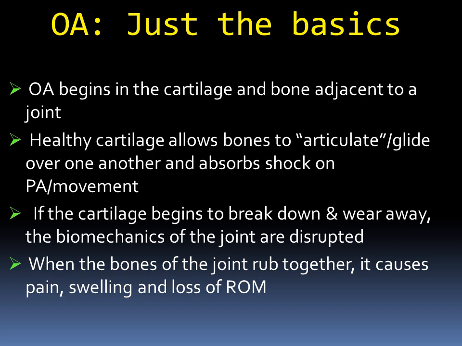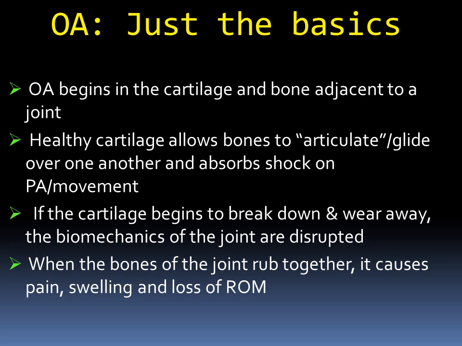So what are the basics? Osteoarthritis begins in the cartilage and the bones adjacent to the joint. The healthy cartilage starts to wear down and break down, and therefore we've got changes in the joint biomechanics. And you can see this in an individual who has got osteoarthritis of the knee.